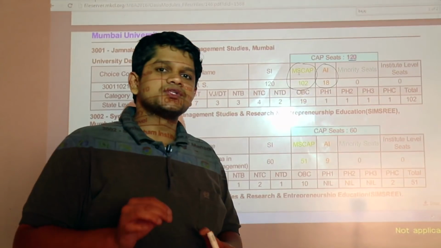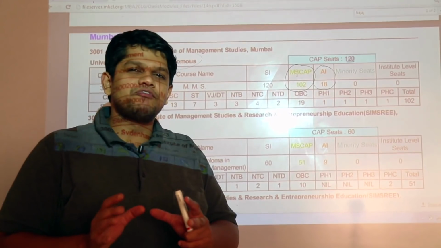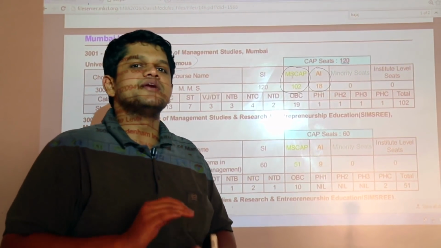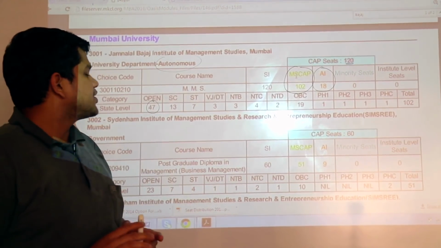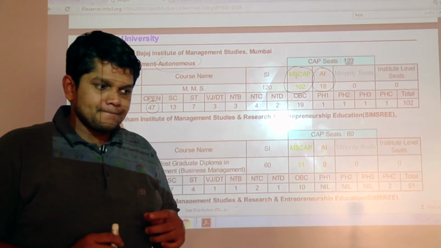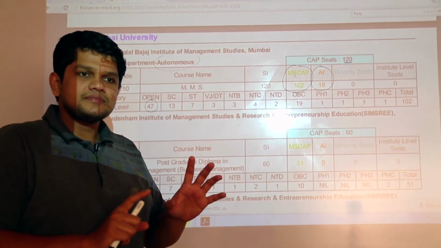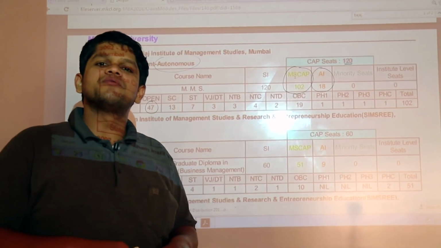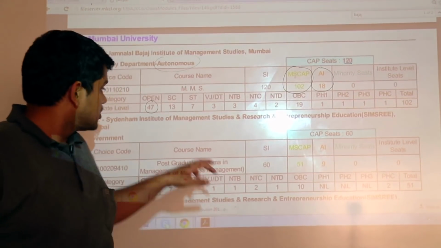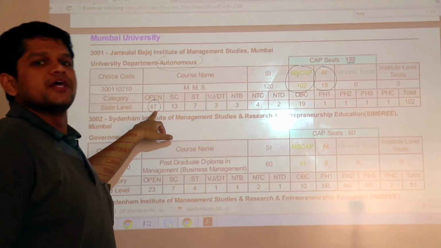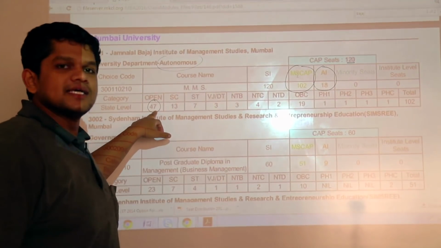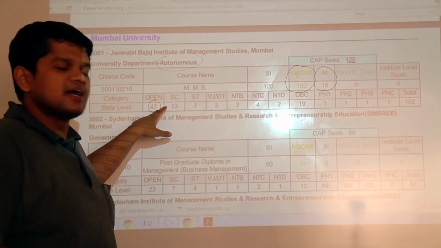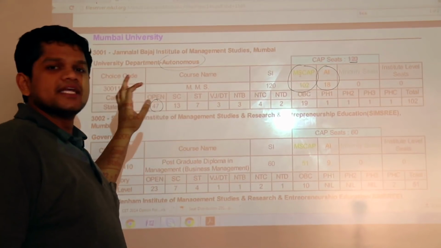Up to last year we used to say a state rank of about 50 to 55 was good enough to get into JB. This year that might change, because last year the competition for home university seats was only amongst Mumbai University students, but now we will also have students from Pune University or Nashik, any other university within Maharashtra, competing for these 47 seats.